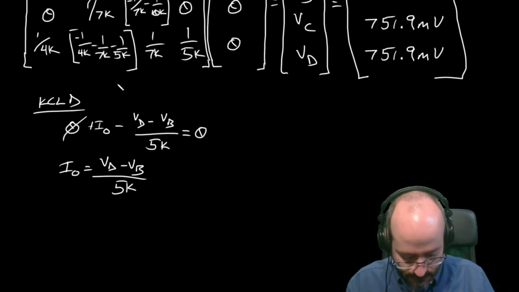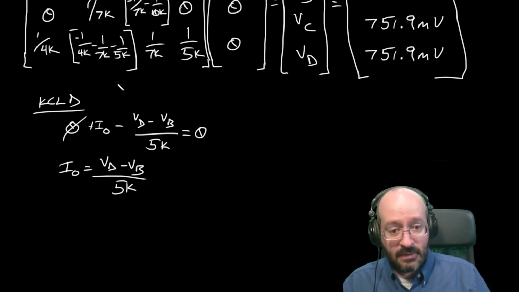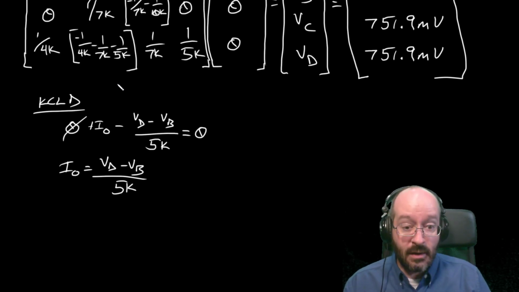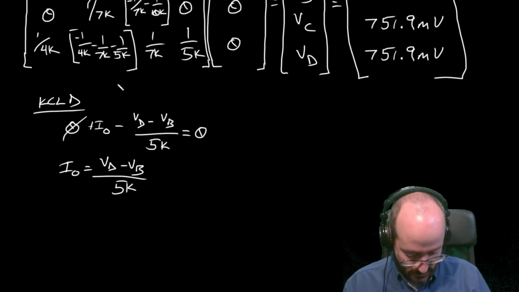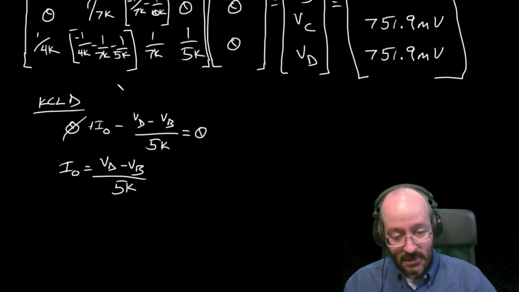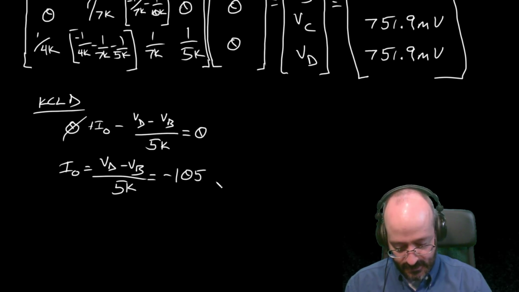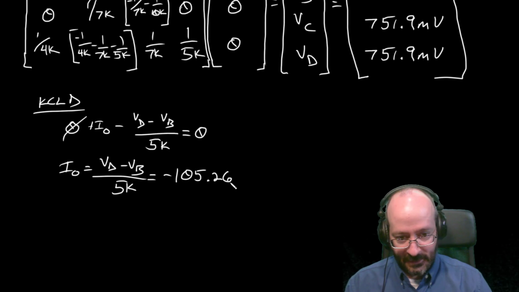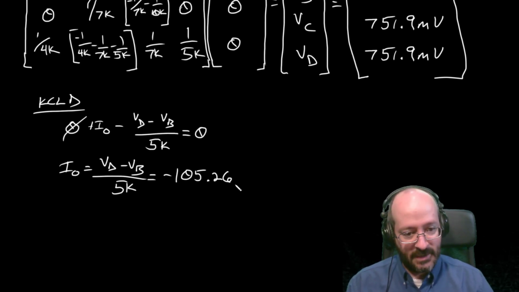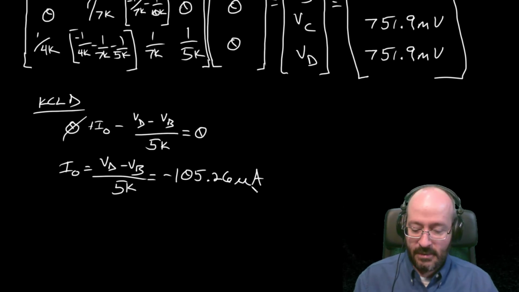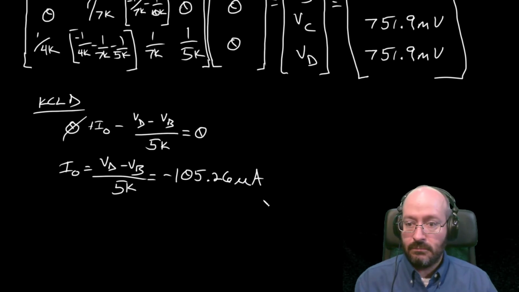Okay, so doing that as quickly as I can, VD minus VB divided by 5K. So I get that current is equal to negative 105.26, probably more precision than I need, microamps.